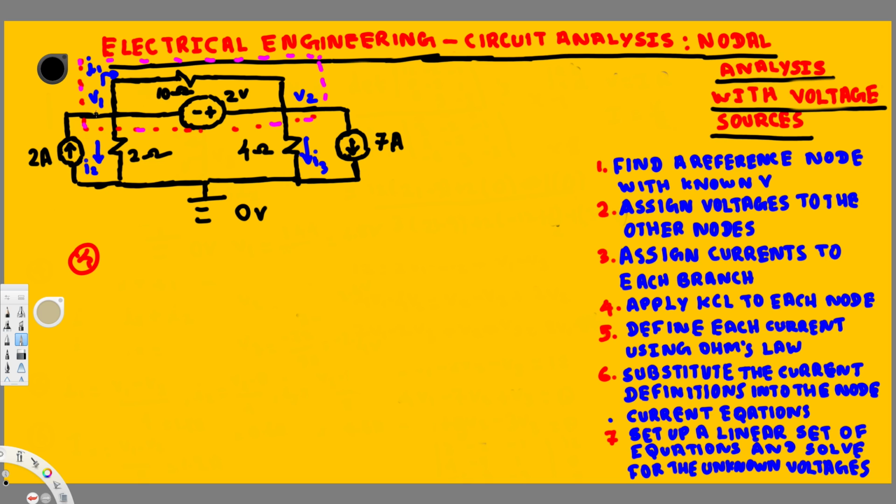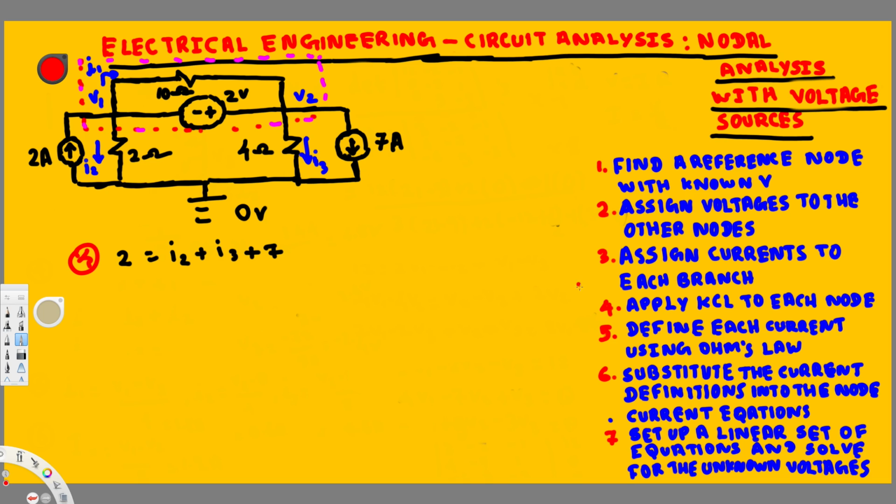The current entering this supernode is 2 ampere, so we put 2 right here, and the current exiting from the supernode is I2 and I3. So this is going to be equal to I2 plus I3, and also we have a 7 ampere, so we put plus 7 ampere. And we have created the Kirchhoff current law equation. Only one equation is there, right?